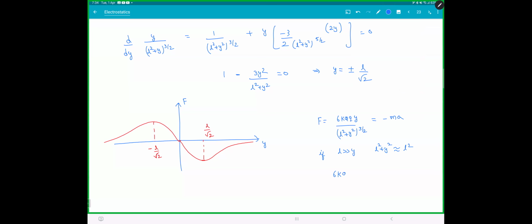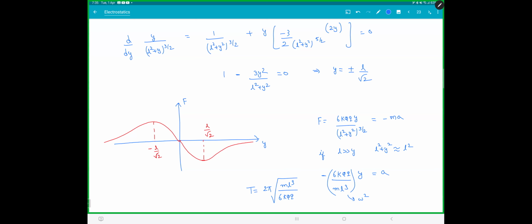This guy suddenly becomes 6k q y by, denominator becomes L cube, into a. This looks like SHM. This is your omega square. Therefore, the time period will be 2 pi root over m L cube by 6k q. Check.